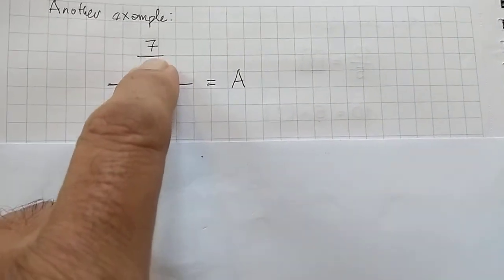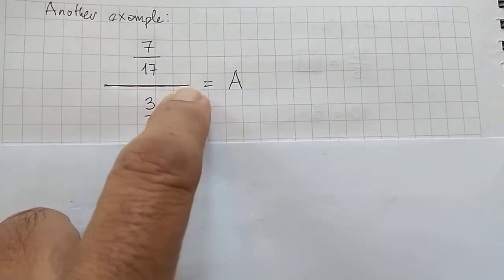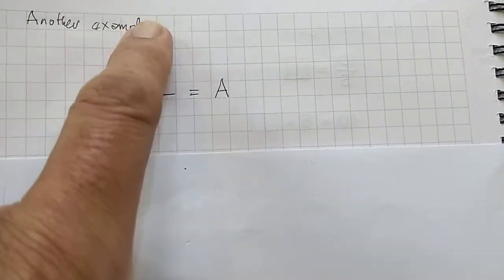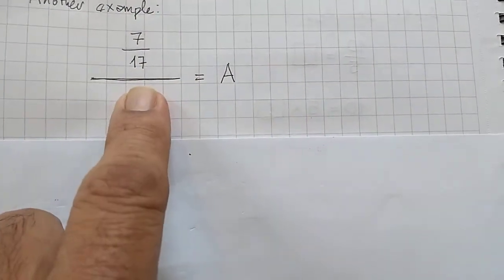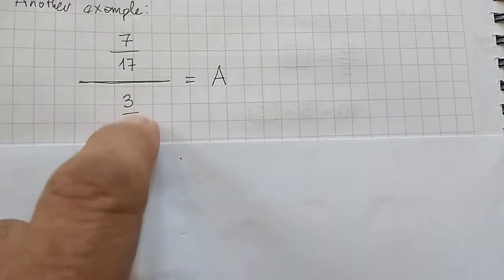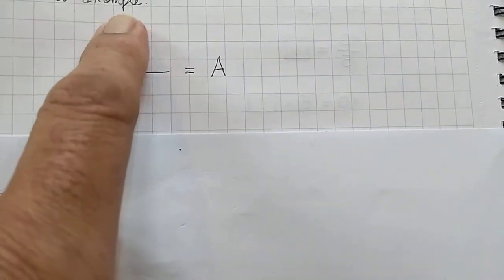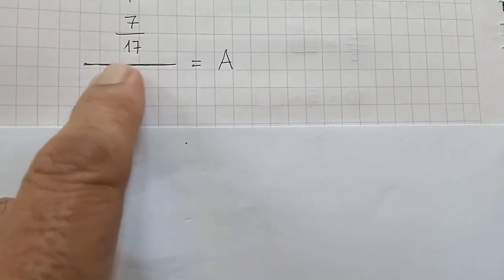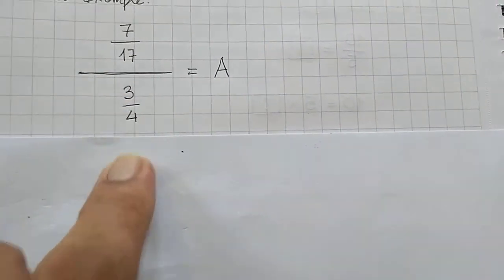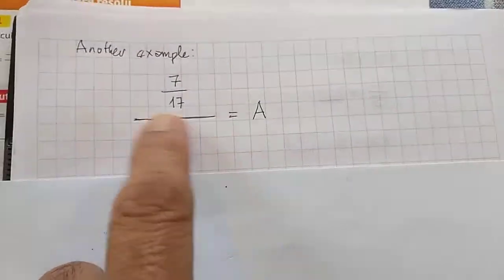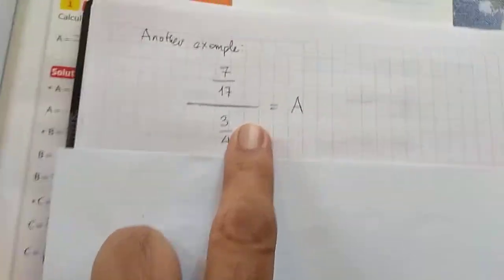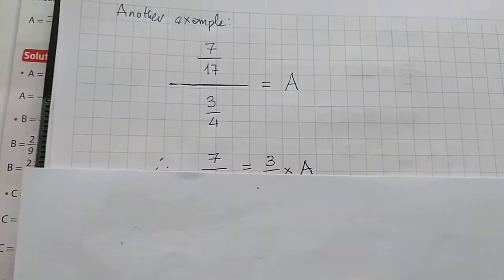This is important, the size of the line, because this implies that you're dividing this by this. When I say this, I mean whatever is under my finger. So I'm dividing 7 over 17 by 3 over 4. Later on I'll show you, if you draw this line differently, how the result changes. In this video itself I will show you.